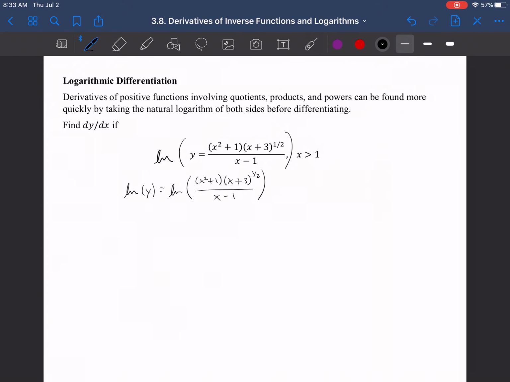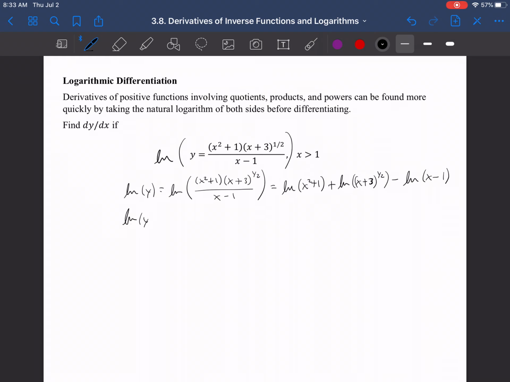So what we can do is just say that this equals the natural log of x squared plus 1 plus the natural log of x plus 3 to the 1/2, right, minus the natural log of x minus 1, okay?